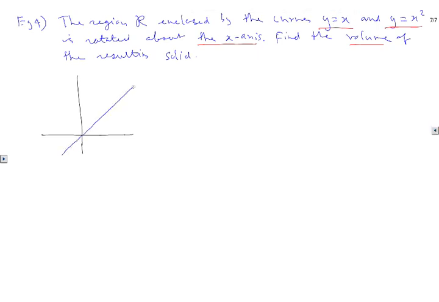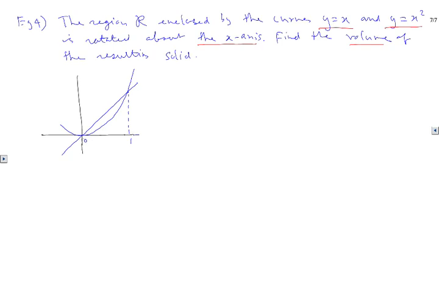It's just y equals x, and then we have y equals x squared, which goes like that. Good. So then we know that they meet each other at 0 and 1.